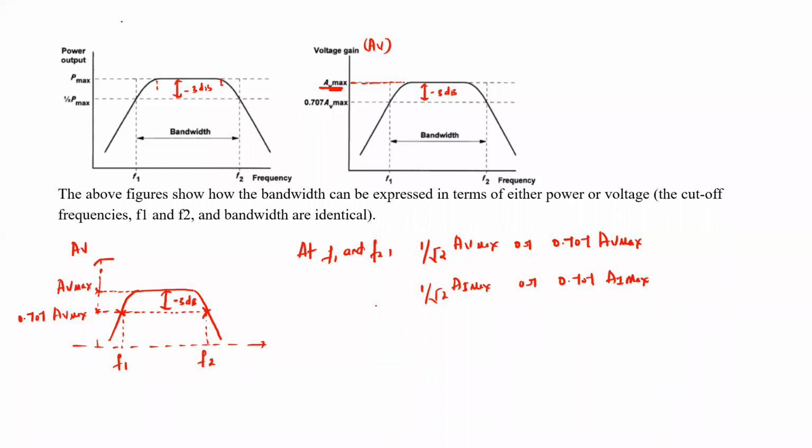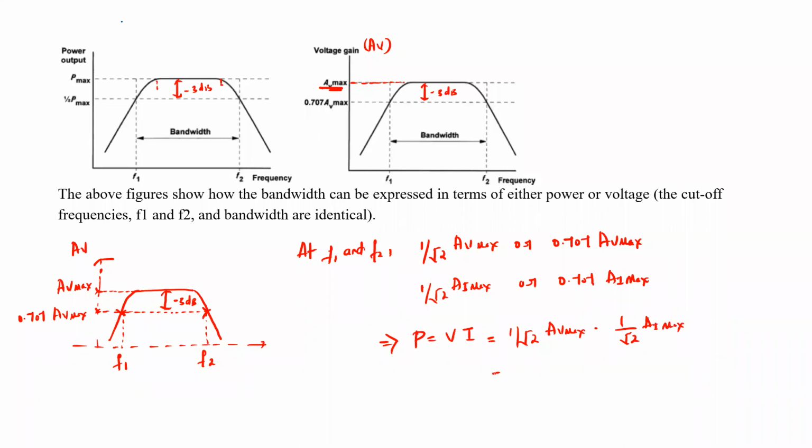Understand this? Now, what is power? Power is V into I. So at F1 and F2, this power would be 1 by root 2 times AV max into 1 by root 2 times AI max.